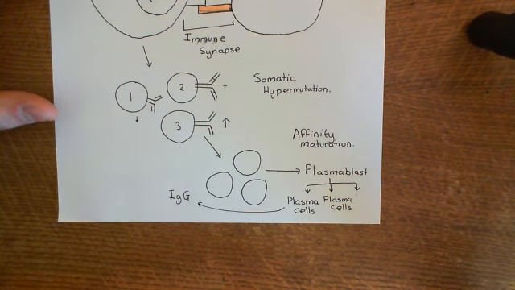Those will bind to Fc gamma receptors on the sentinel cells, and they'll also activate the classical complement pathway to release the anaphylotoxins, and both of these will activate sentinel cells to release pro-inflammatory mediators, and they will maintain the chronic inflammatory response that is occurring within the synovial joints.